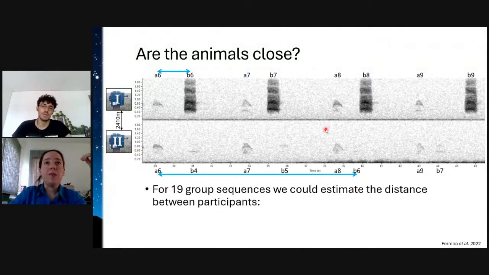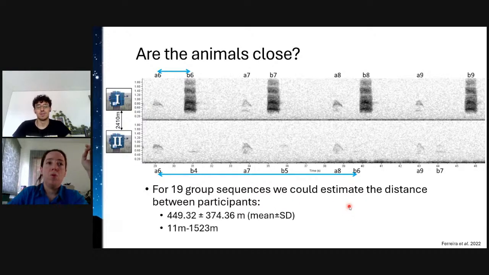And we made other analyses with the same recording data set, and for some raw bark sequences, we could estimate the distance between the participants. And what we found was that on average, they are more than 400 meters apart.